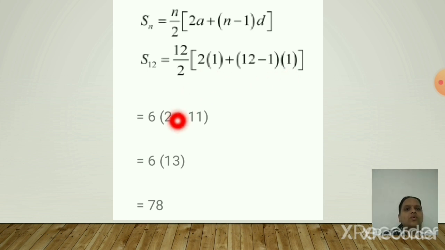So 2 into 1 is 2. 12 minus 1 is 11, into 1 is 11. So 2 plus 11 is 13, and 13 into 6 is 78. So the 12 classes will plant 78 plants in all.